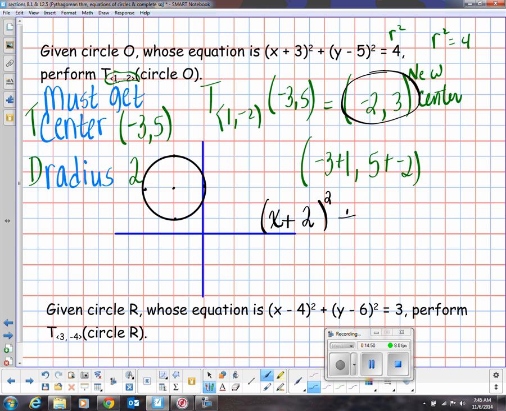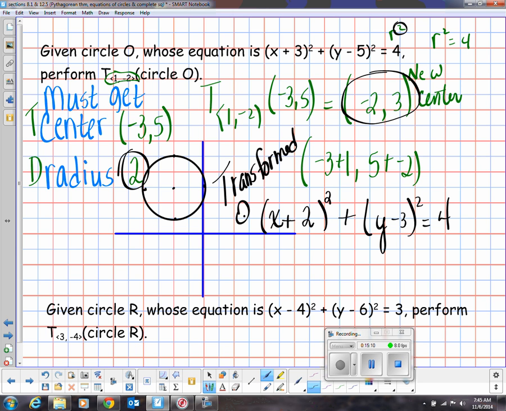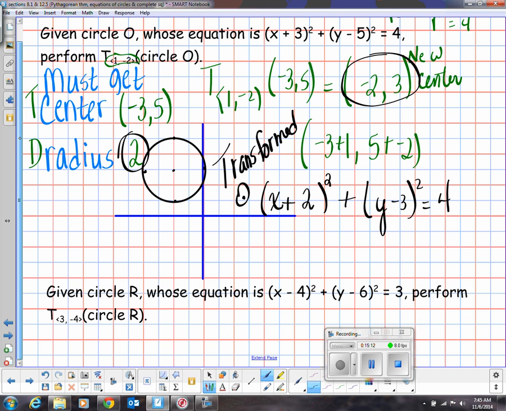Okay, plus quantity is equal to 4. 2 squared or 4. So this is the transformed circle. It's the transformed circle.